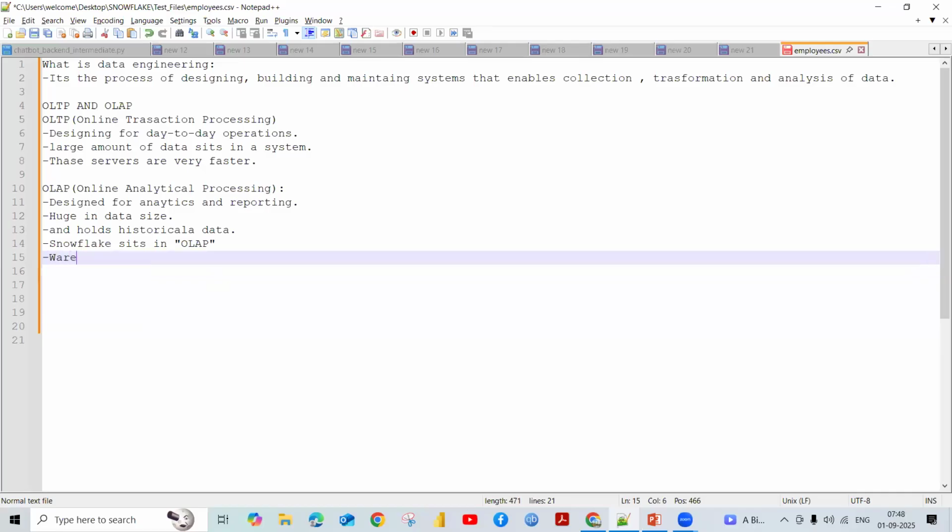You might hear the word warehouse for many purposes. A warehouse holds a huge number of entities. In a simple example, a shopkeeper running a business in a market won't keep all the items in his shop, because the shop is small.